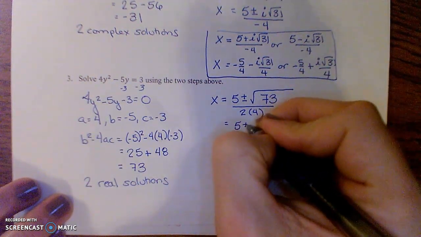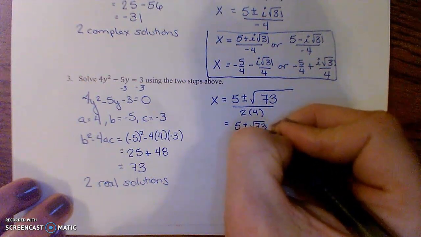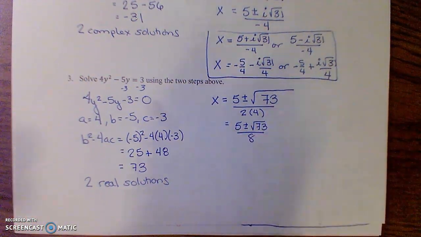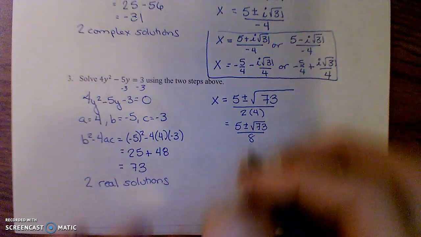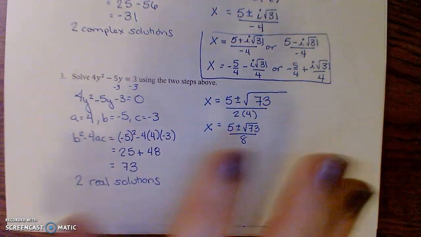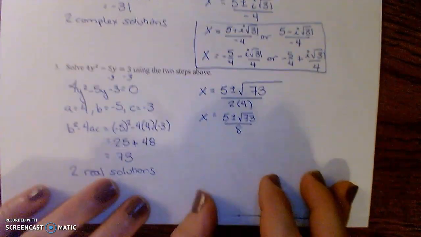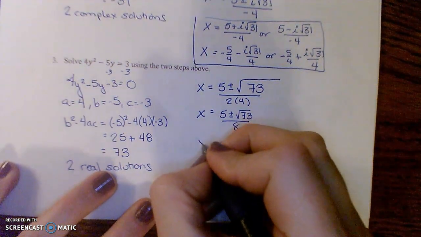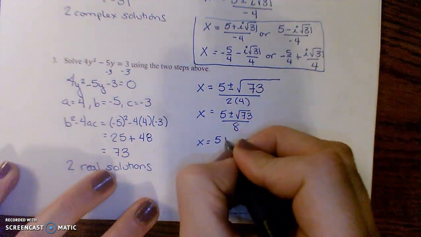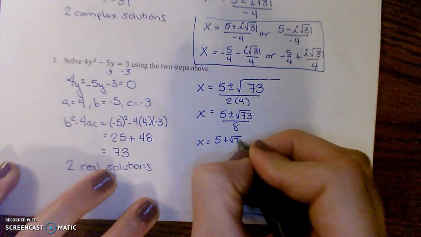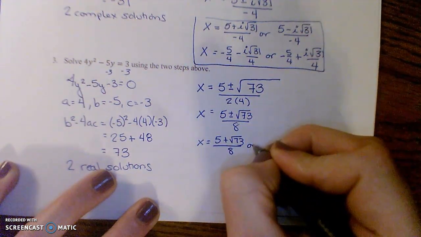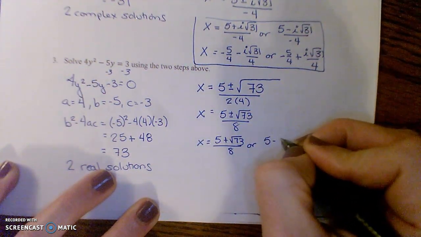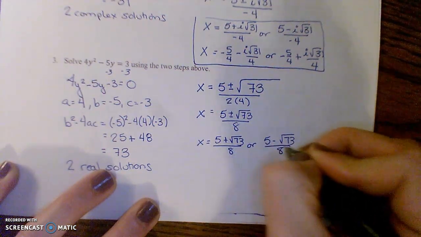This will be 5 plus or minus root 73 all over 8. So there's my two answers. Again, I could be done at this step, or if you like to split it up, you could write it as 5 plus root 73 over 8, or 5 minus root 73 over 8.